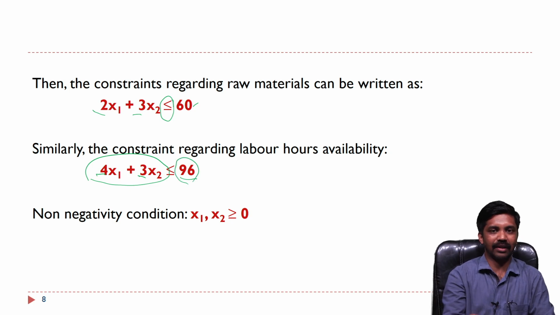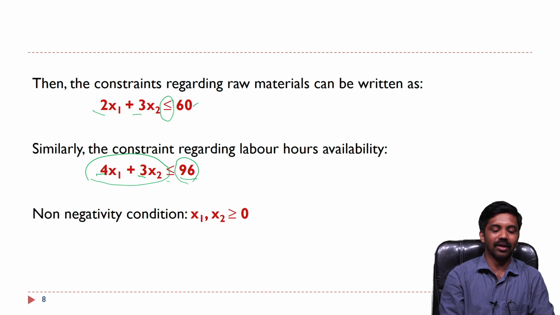I can utilize either the full 96 or less than that. So it will be 4x1 plus 3x2 less than or equal to 96. We have now constructed the constraint inequality for the labor hour availability also. So only 2 types of constraints were present in the information given in the question.